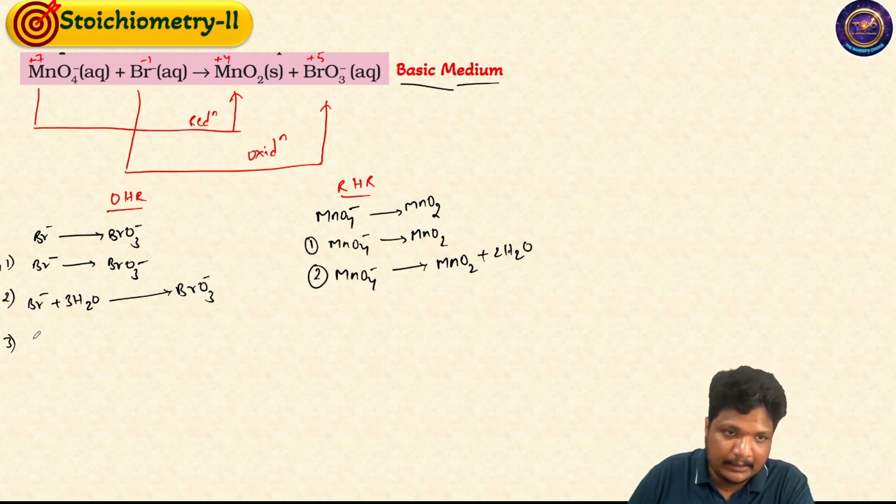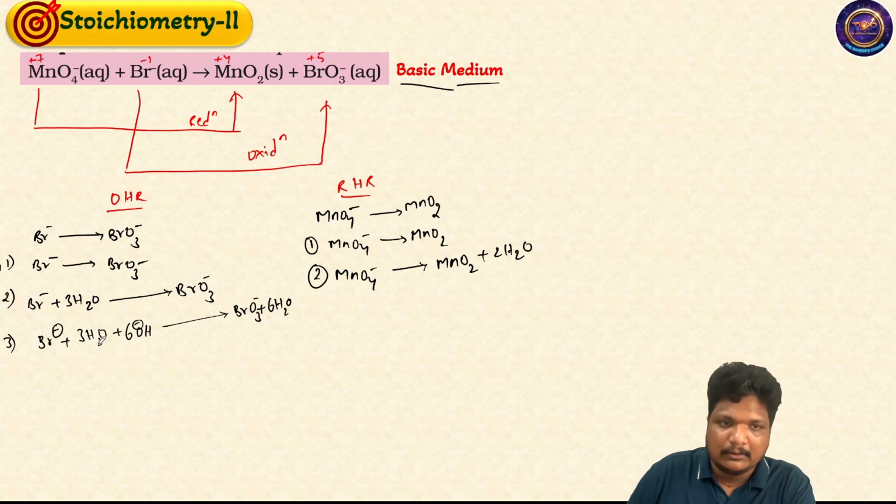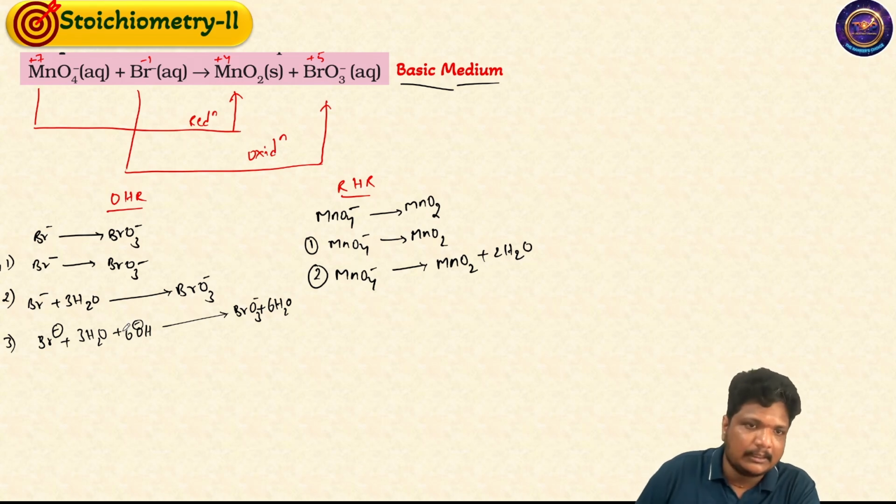So I can balance by adding OH minus on the left side and H2O on the right side. Here I will write BrO3 minus plus 6 H2O on the right, and on the left side I will write 6 OH minus. So oxygens and hydrogens are balanced on this side.